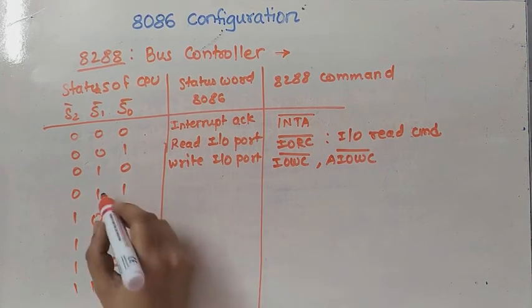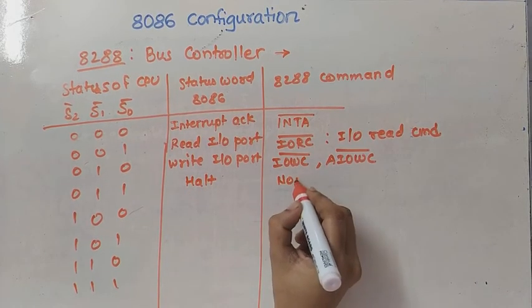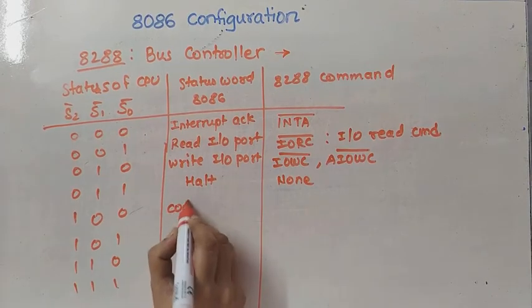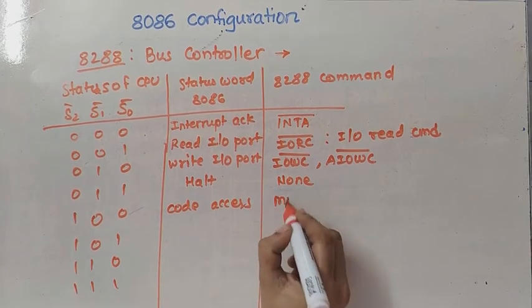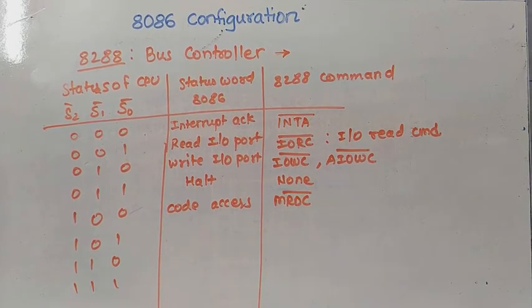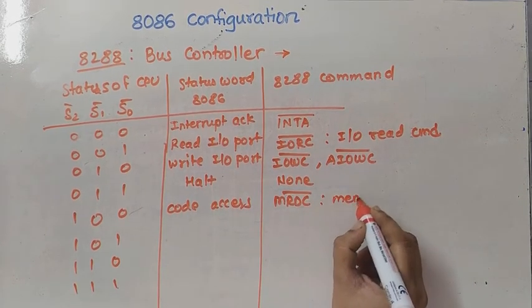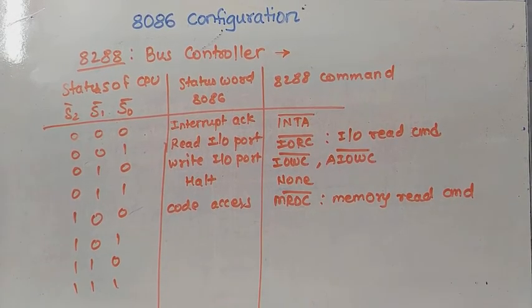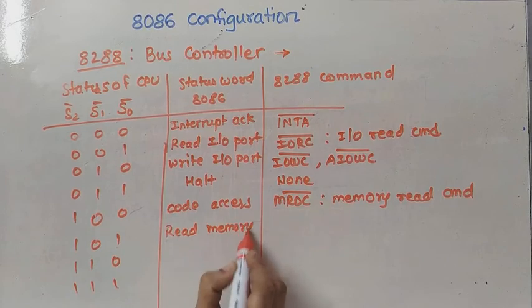So 011 is halt, and here no command is generated. Then for 100, it is code access, and the 8288 generates the memory read command, that is MRDC bar. For 101, it is read memory.